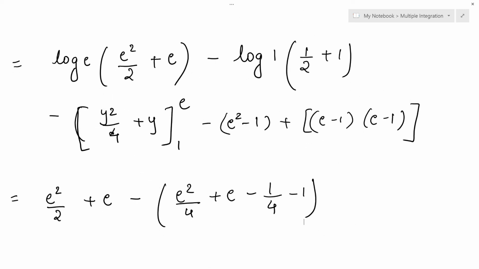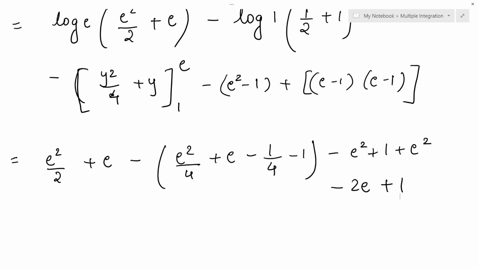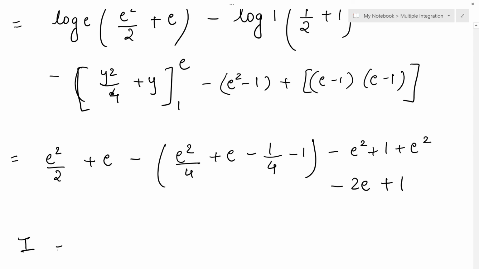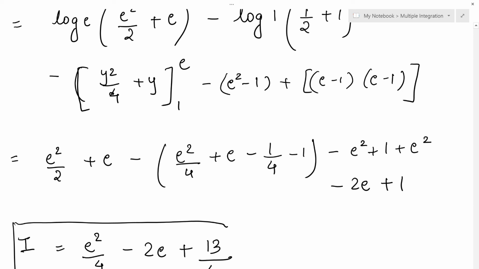So that will be minus e square plus 1 plus e square minus 2e plus 1. Right? So the final answer for I integration will be e square by 4 minus 2e plus 13 by 4. I have directly simplified and written the answer. You can simplify on your own and check back the answer.